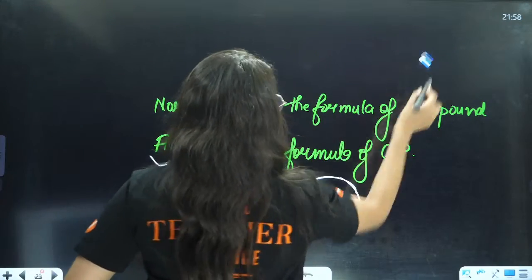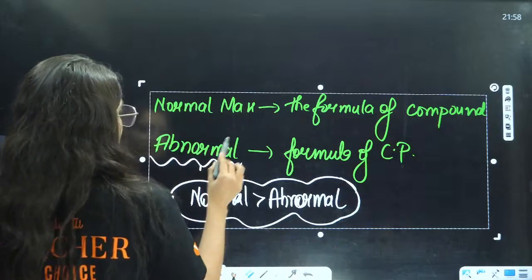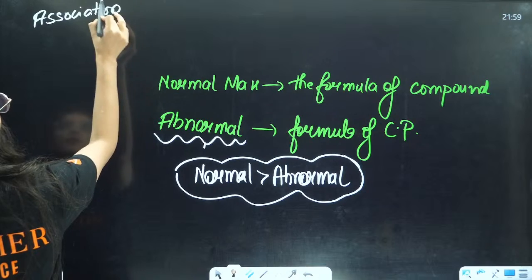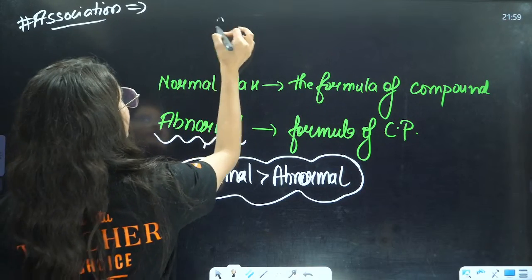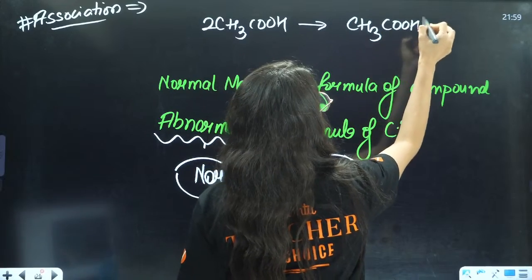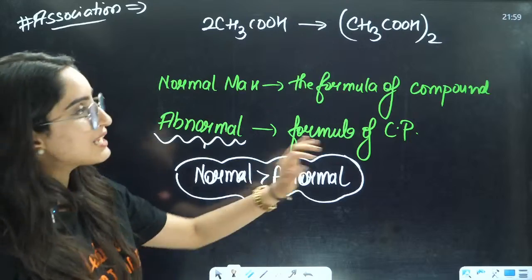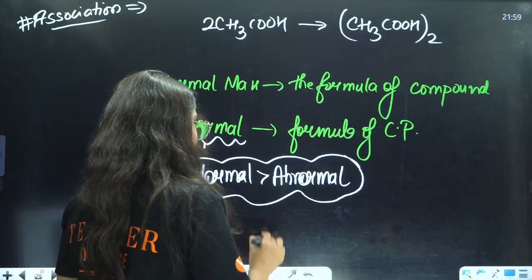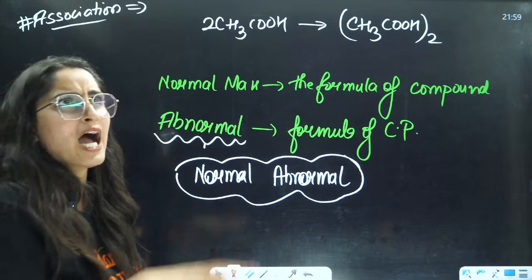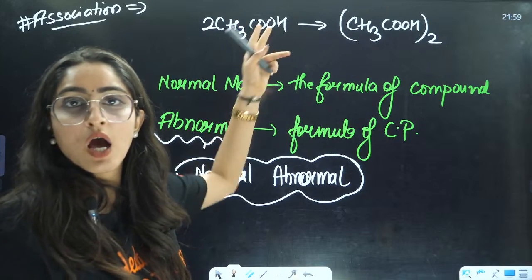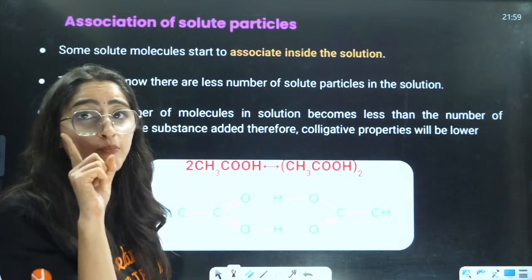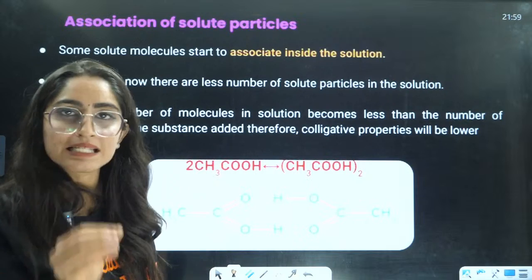Now, in the same way, let us talk about association. In association, what will happen? You will have CH3COOH, and two molecules will dimerize to form a dimer. If I want the normal mass, I will think that one molecule has the mass of CH3COOH, but because of the formation of this dimer, one molecule will have twice the mass of one acetic acid molecule.